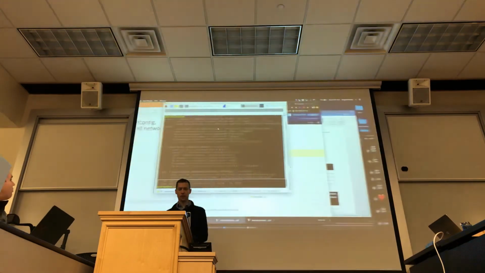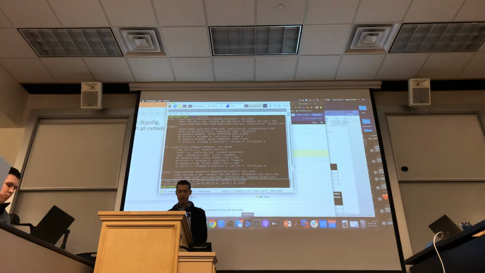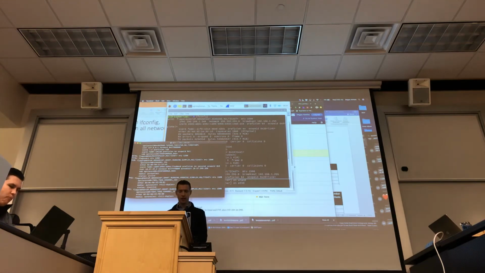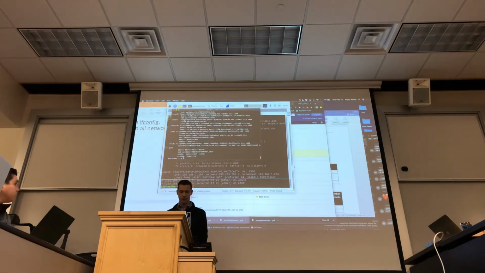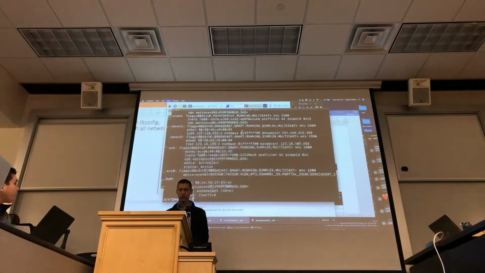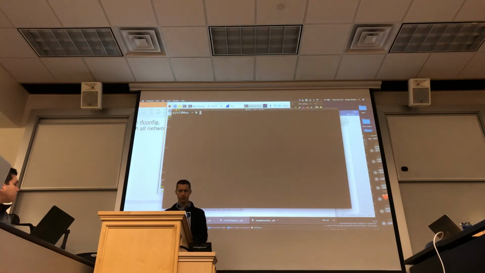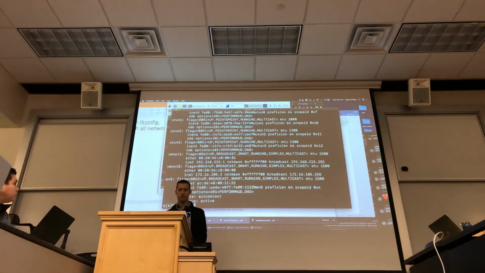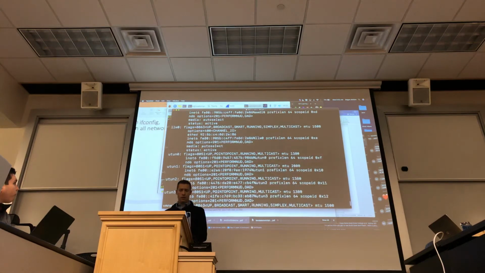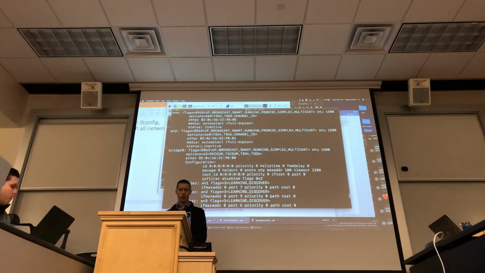And then, interestingly, if I go onto my Mac, this is just my Mac's terminal. If I type ifconfig on here, there are lots of network adapters.